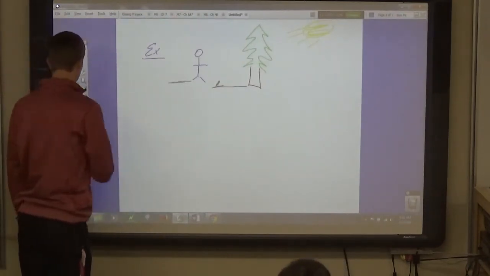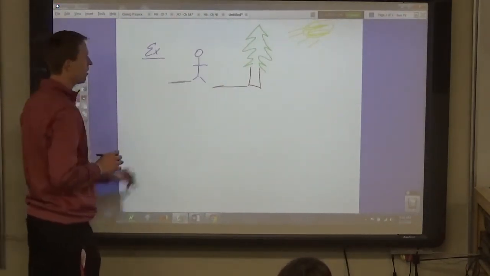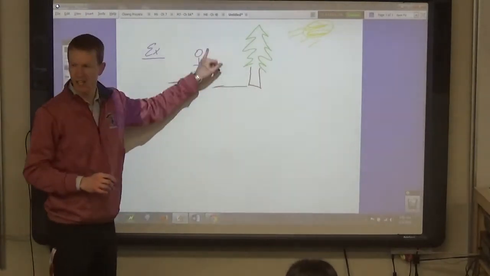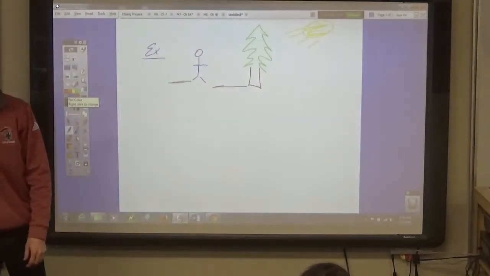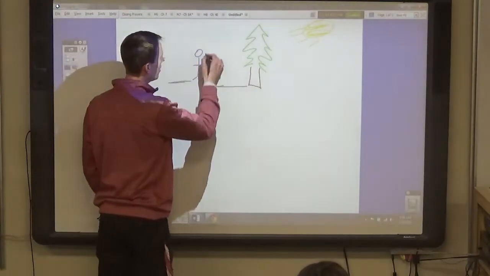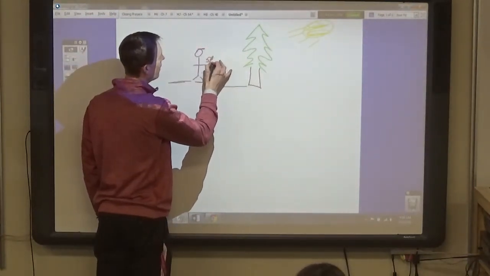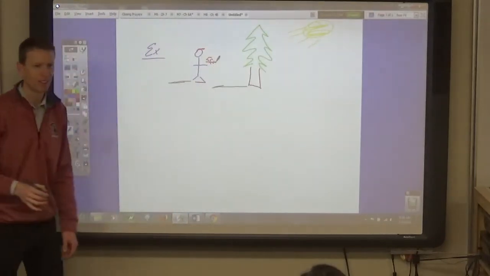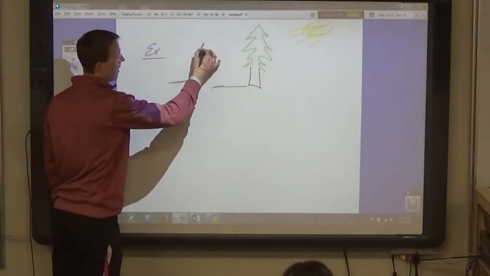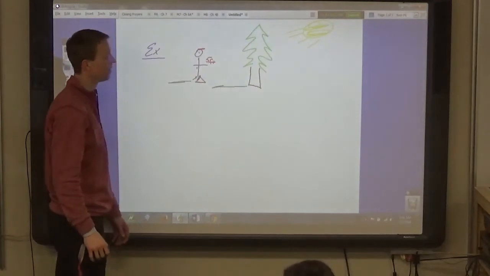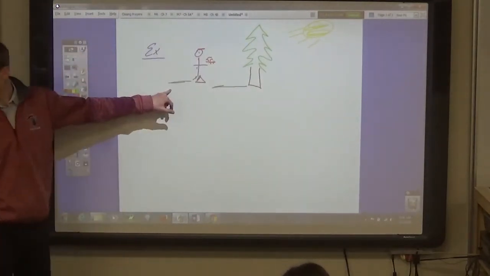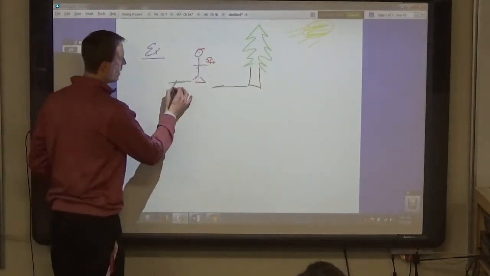Now, you can measure the height of a person pretty easily. This person happens to be 5 feet tall. So that's this line. And the shadow is 4 feet.